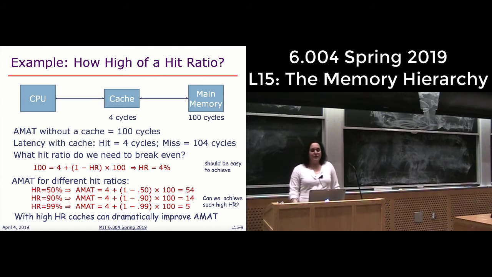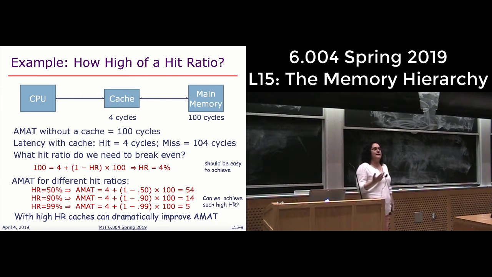So if we take a look at what our average memory access time is going to look like for different hit rates, we see here that if the hit rate is, say, 50%, we're able to almost halve the amount of time that it takes us on average to access memory, from 100 to 54 cycles. Okay? And if we're able to get to as high as 99%, then our average memory access time is as low as 5, which is almost the speed of the cache. So it looks as if I'm constantly getting my response from my cache.